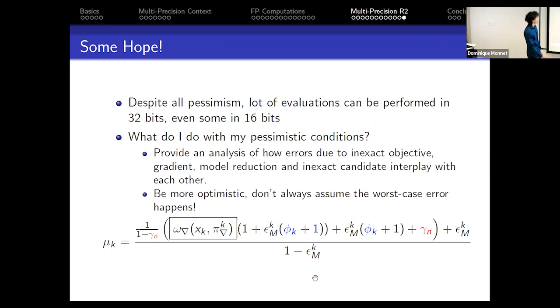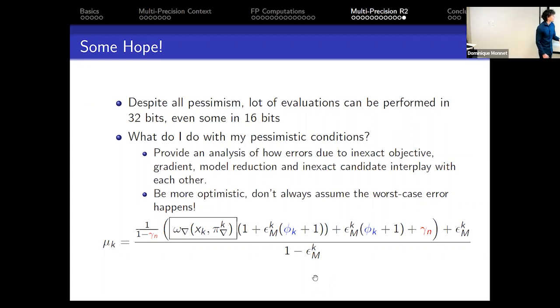So if I don't want to implement my pessimistic conditions, which are too restrictive in my algorithm, what do I do with that? This is not yet the answer to that. But once again, what it tells me is how the errors interplay with each other.